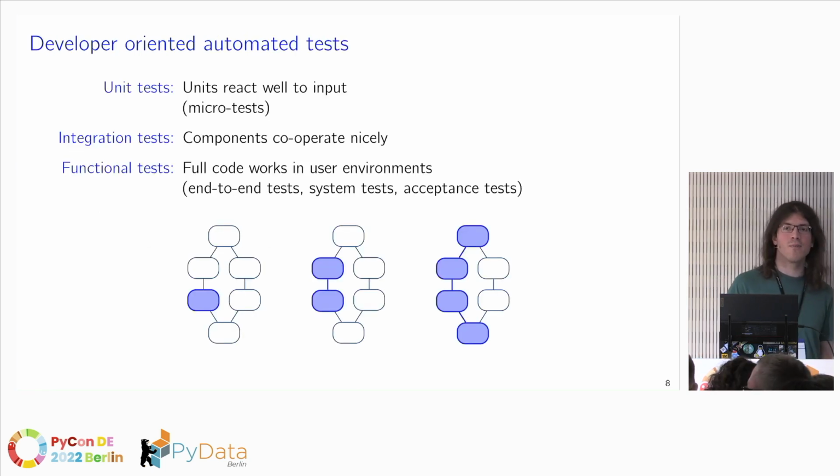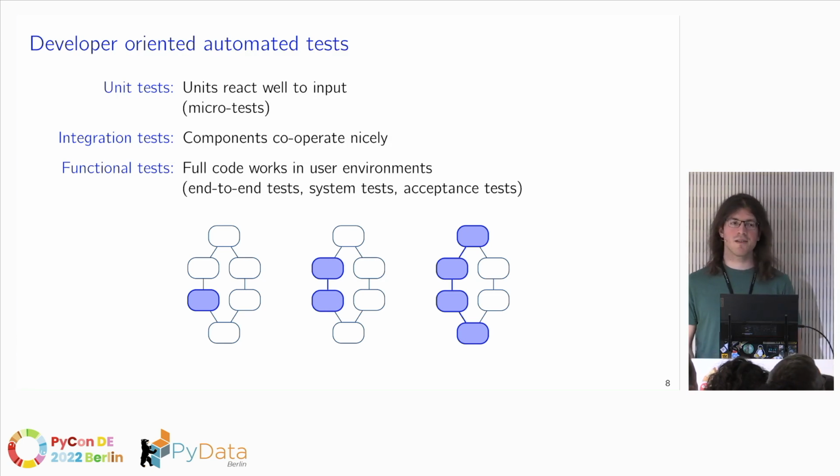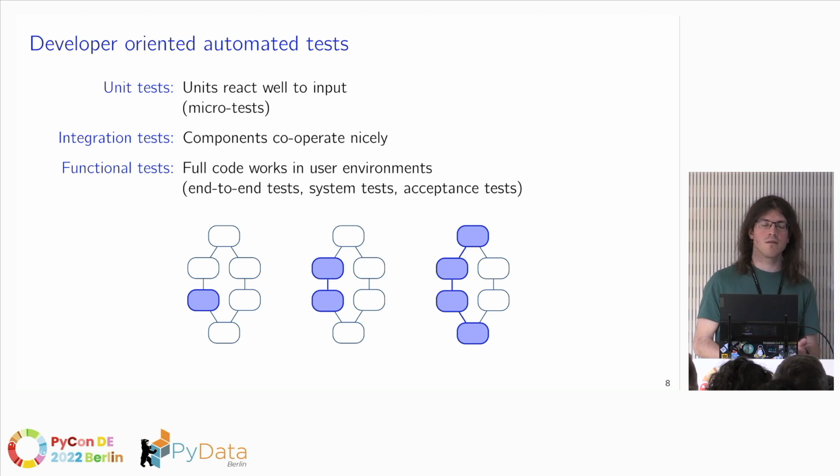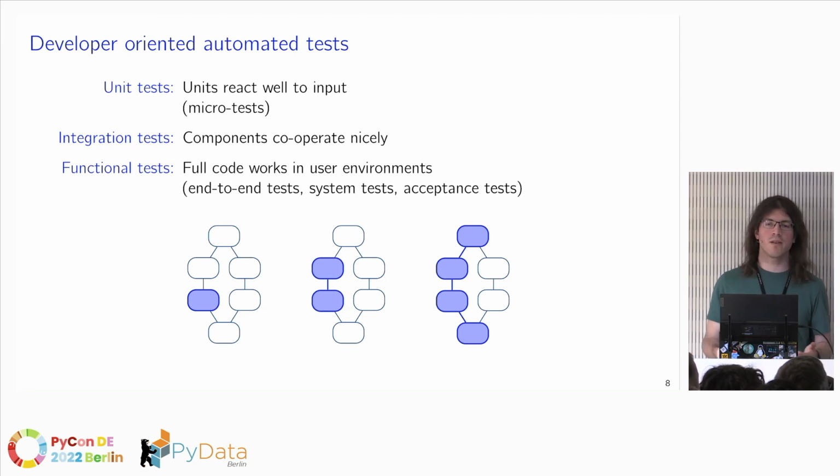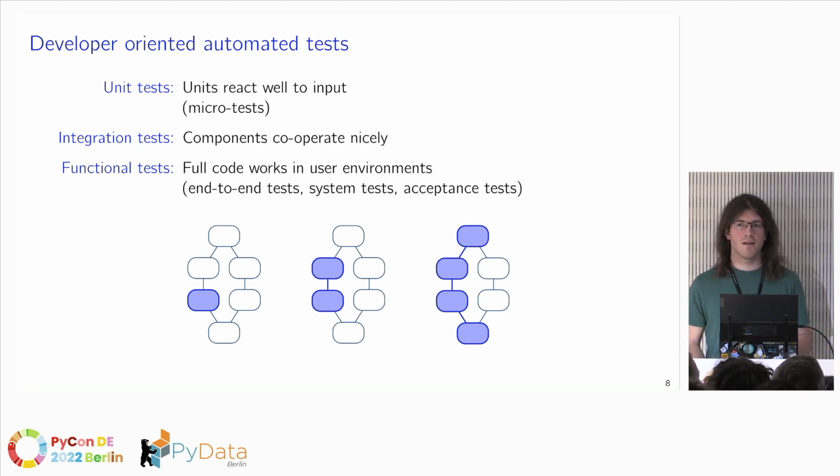We usually talk about roughly 3 different sizes or types of tests. That's unit tests, where we test a single unit, usually a function or a class. Then integration tests, where we test the collaboration between different units, so how they work together. And functional tests, or end-to-end tests, system tests.